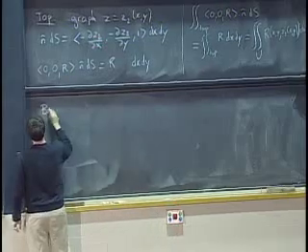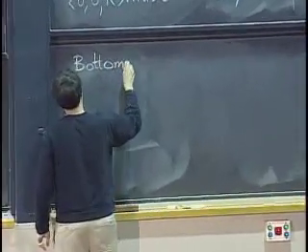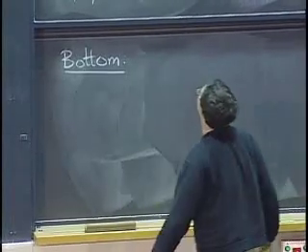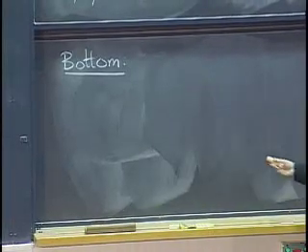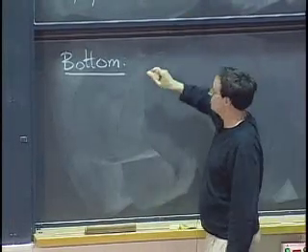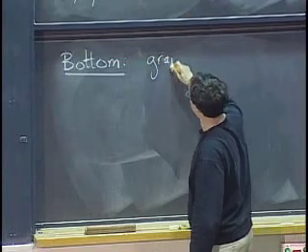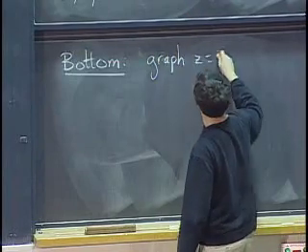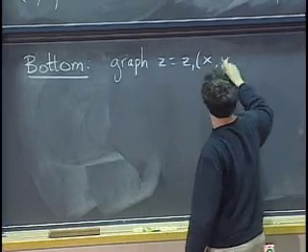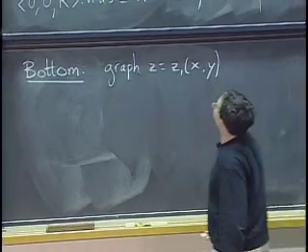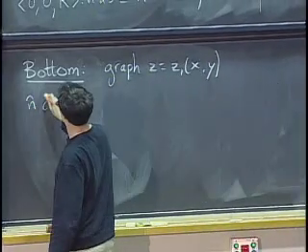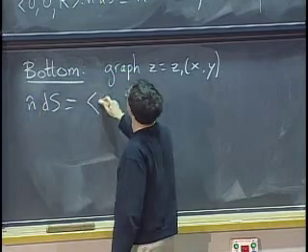We need to look also at the other parts of our surface for the flux integral. So the bottom will work pretty much the same way, because it's the graph of a function z equals z1 of x,y. So we should be able to get n dS using the same method.